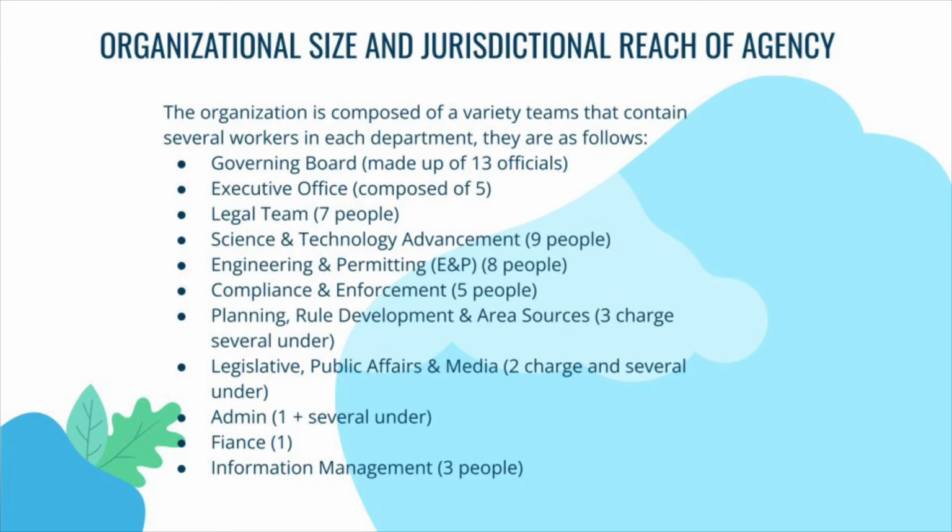There's 2 people in charge and several under them, as I said. Next would be admin, so that's just one main person, and there's a lot of people under them. Of course, you need financing just to keep in budgeting and making sure that they're not overspending. Lastly would be the information management, and that's who reaches out to the community and who does talk to them about what's going on and any projects that they have going on.